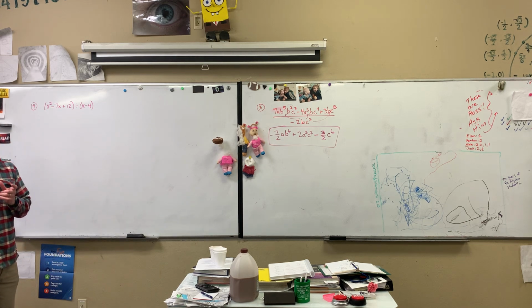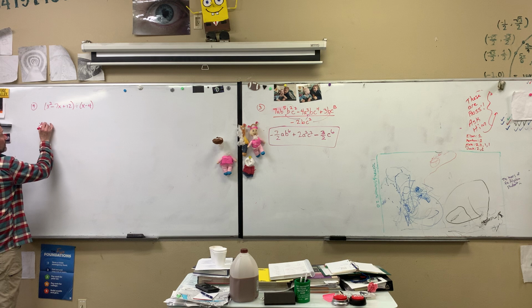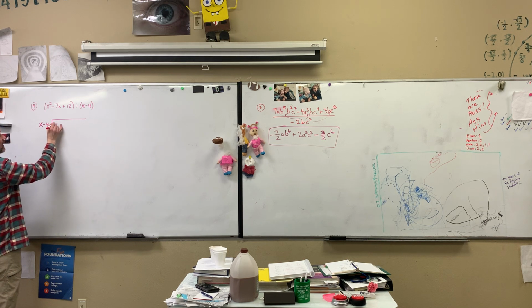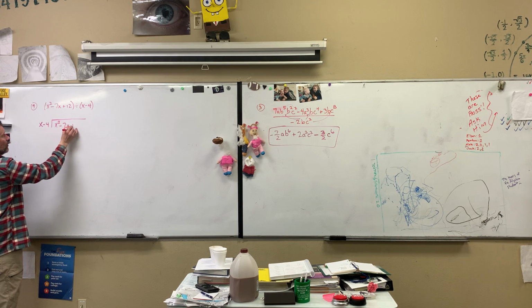So we're going to set up a long division format, and we're going to take x minus 4 like this and say x squared minus 7x plus 12.